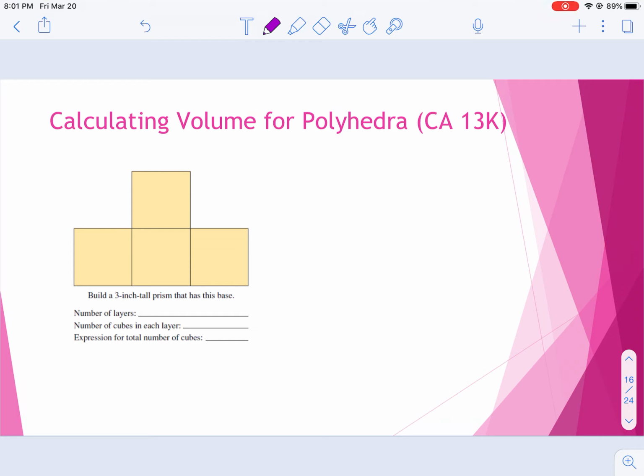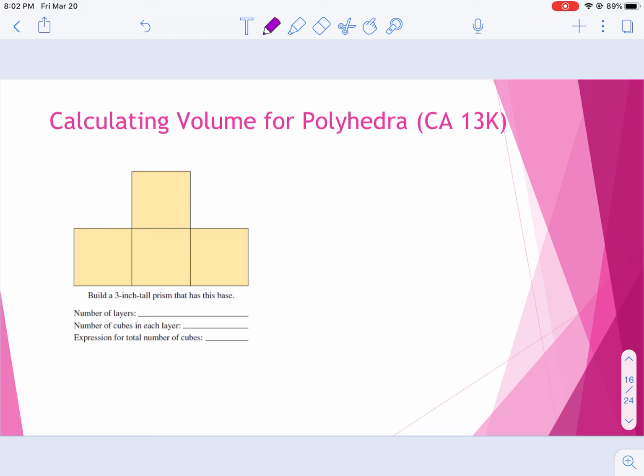That's all really helpful and important in understanding volume. If you have some cubes at home, I would encourage you to use them for this activity. If not, you'll have to imagine or think about using Ted's GeoGebra app.